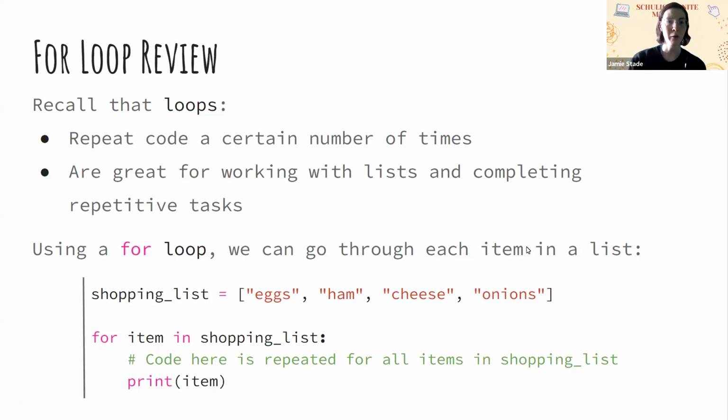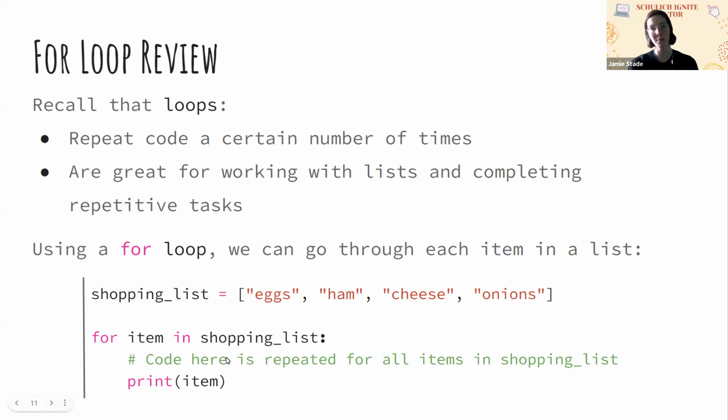So here's an example of how a for loop would be used. Usually we use for loops for iterating a certain number of times, for example, over every item in a list. If we defined a list like this, we can use a for loop to print each item in that list.